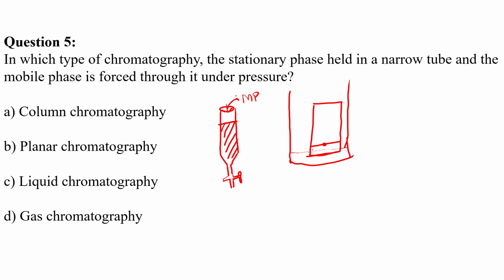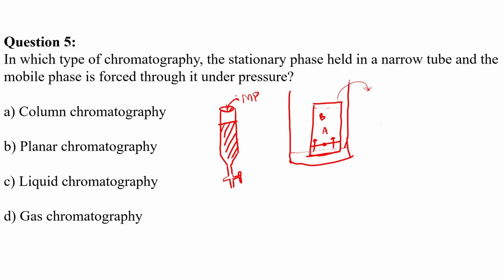Once I dip it, due to capillary action, the mobile phase will rise up. Once the mobile phase reaches the top of the paper, we take out the paper, and then you can observe the separation of the spot. The spot will separate into two analytes, A and B, based on their affinity to the stationary phase.